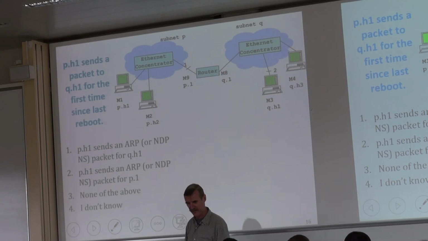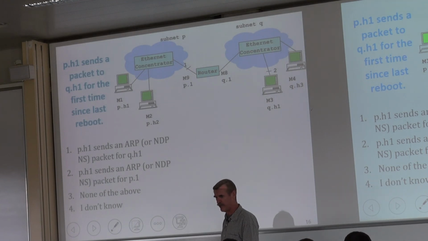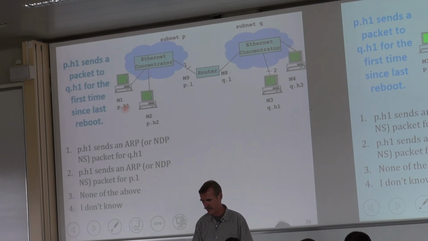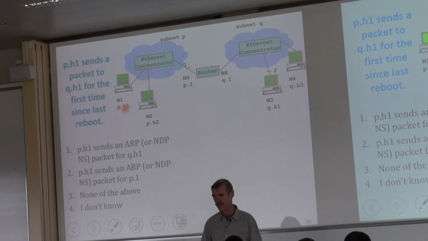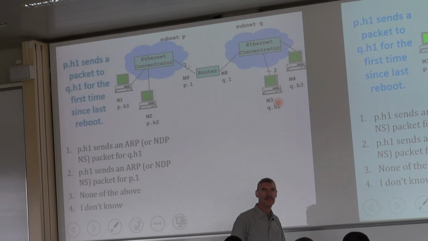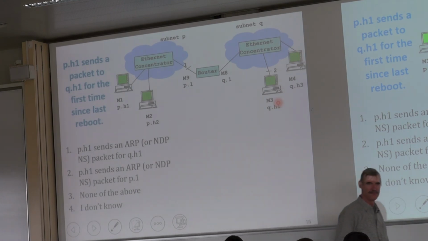Now, a quick other question. I'm showing here a small network with two Ethernet concentrators and one router. P.H1, this machine, has just rebooted and sends a packet to Q.H1. Perhaps it is its DNS server.